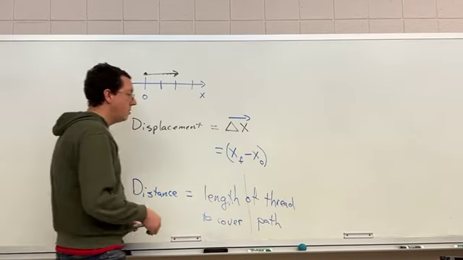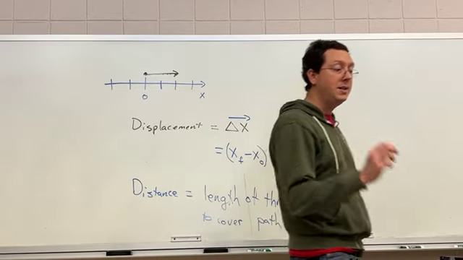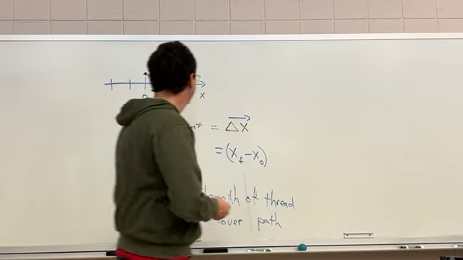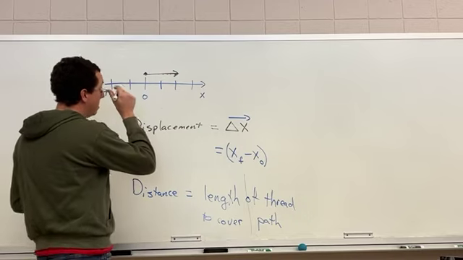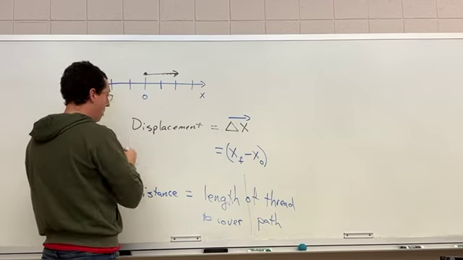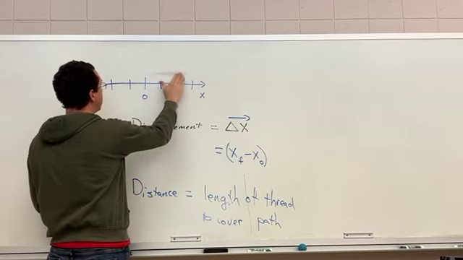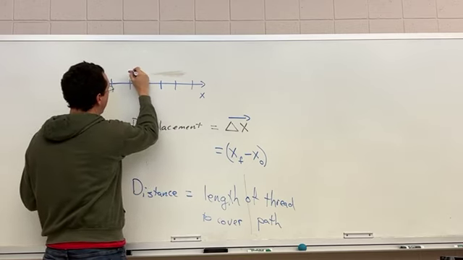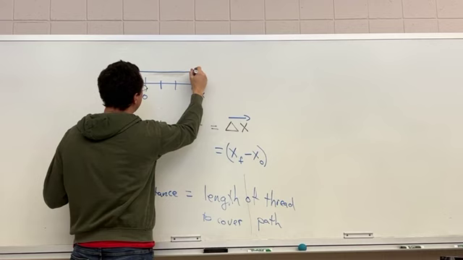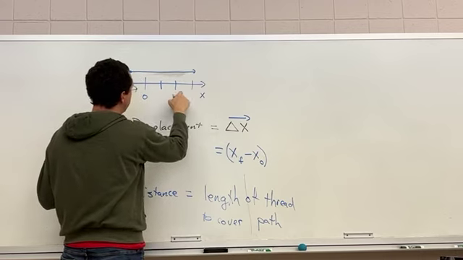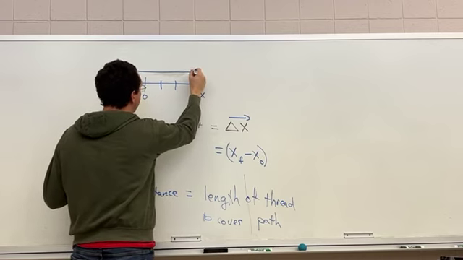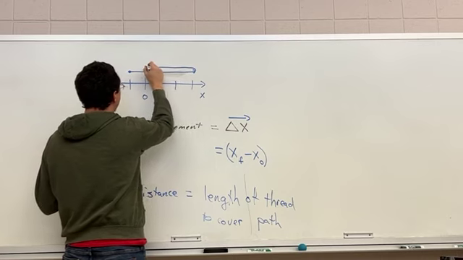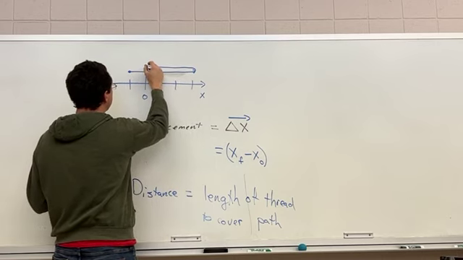You can really see the difference between distance and displacement by considering the following path. Imagine you start at -1, you go all the way up to 1, 2, 3, change direction and go back to the origin.